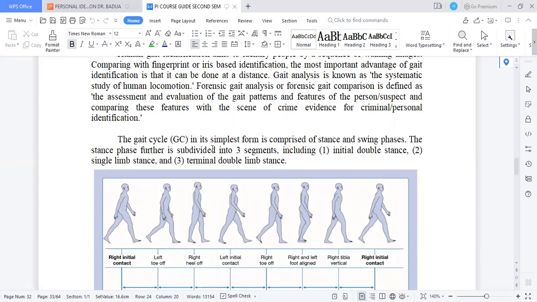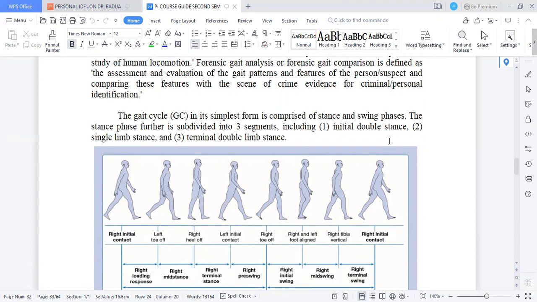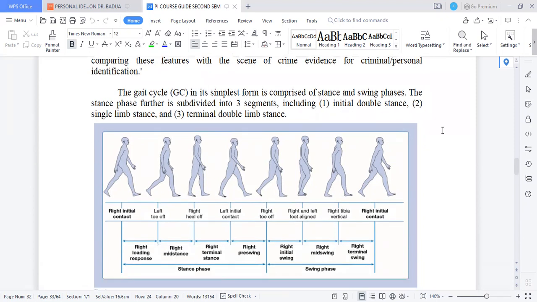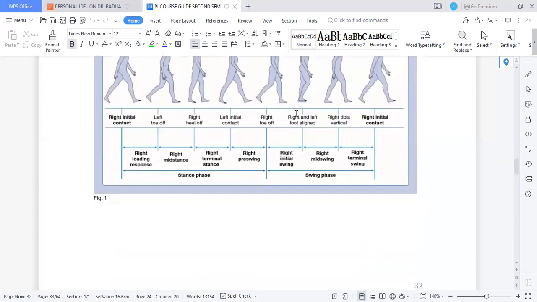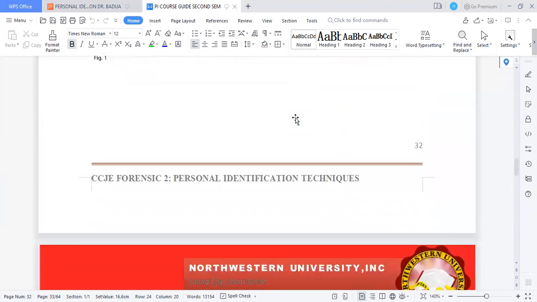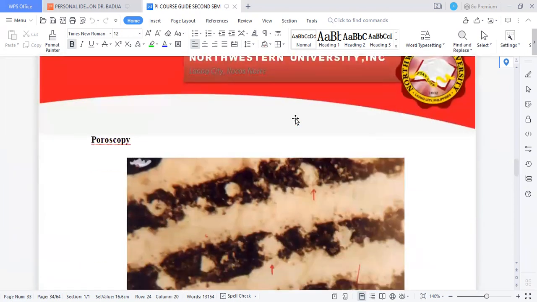In its simplest form, it is comprised of stance and swing phases. Of course, we believe that each individual is unique in terms of the way they move, right? So that is why it is also considered very essential as a means of identifying a person.